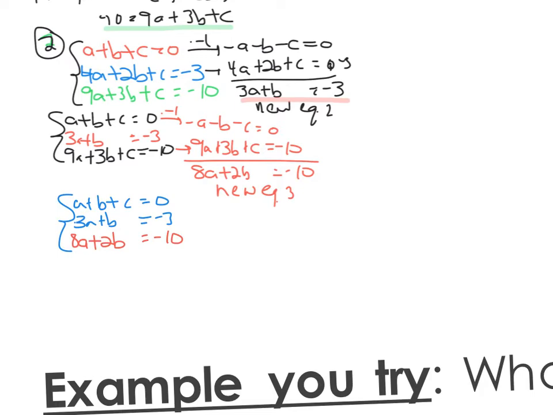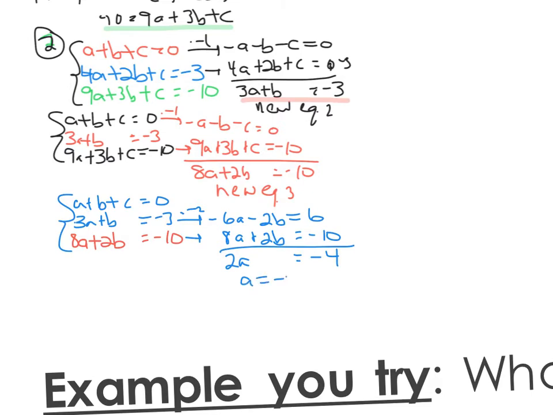So we're going to multiply equation 2 by -2. Remember, we do not need to multiply equation 3 by anything, so we're just going to copy the equation. When we add the two equations together, notice we have 2a equals -4. A equals -2. And that is our new equation 3.